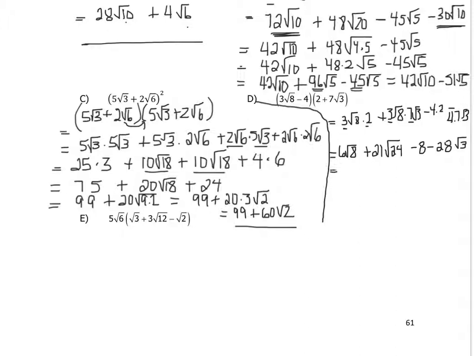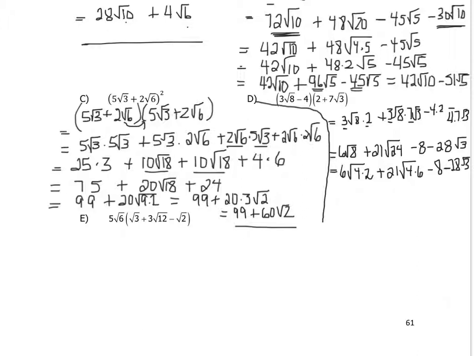And then 6 root 8, the root 8 can break down as 4 times 2, because 4 is a perfect square factor of 8. And then the 24 can break down as 4 times 6, because 4 is a perfect square factor of 24. And you have minus 8, and minus 28 root 3 can't break down any further.